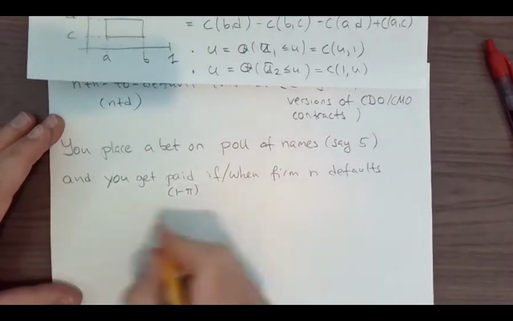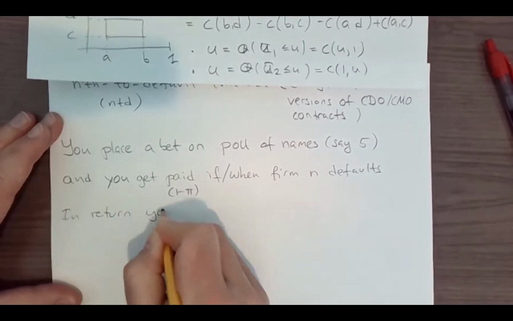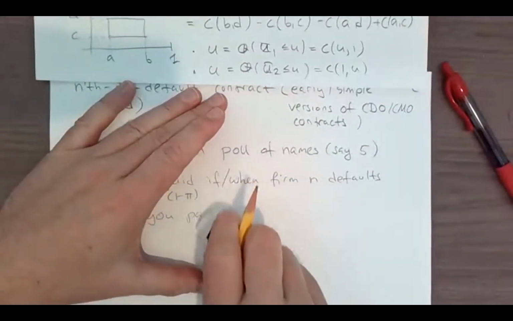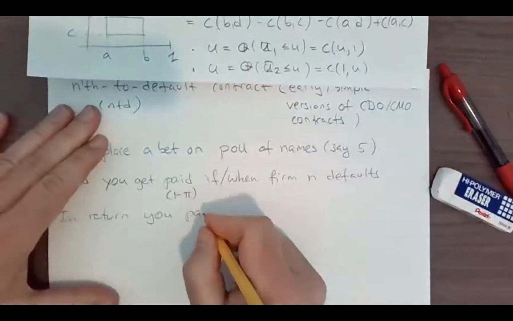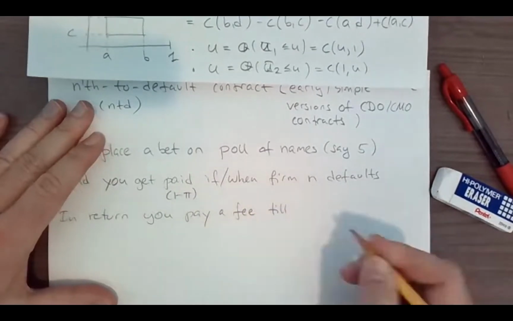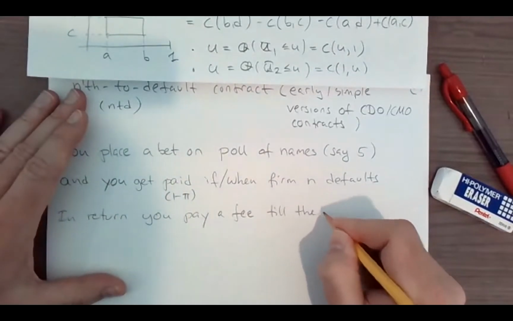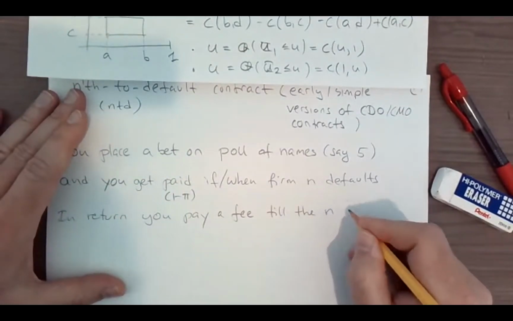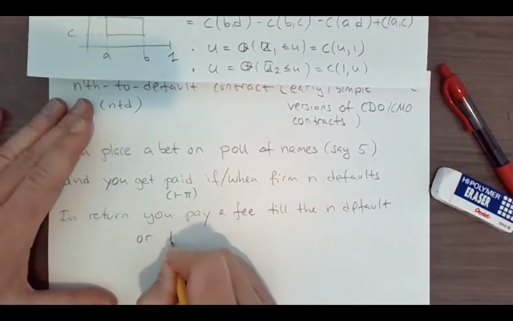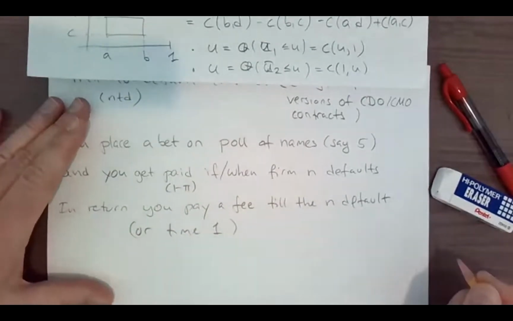In return, you pay a fee until the nth default, or until time expires, as before.